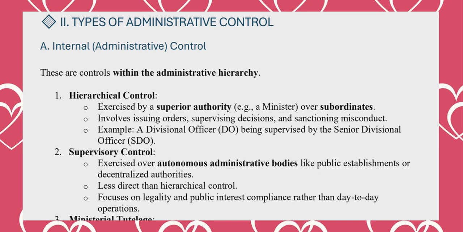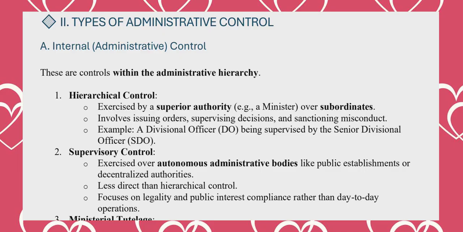So when your direct boss is the person that is exercising control over you, that kind of control is known as hierarchical control or direct control. So here, two people are involved.